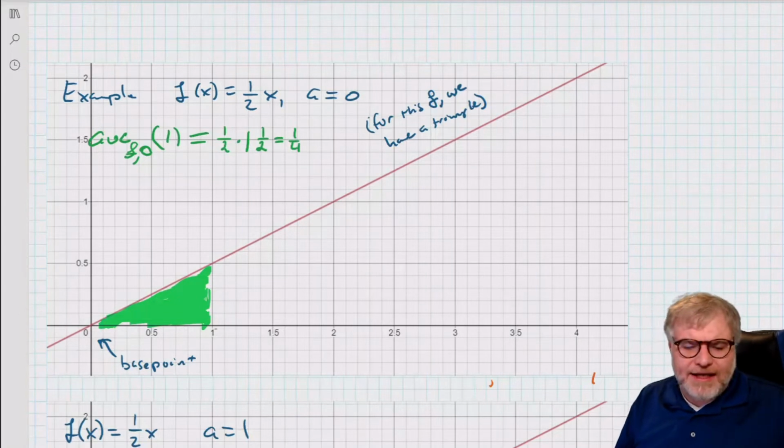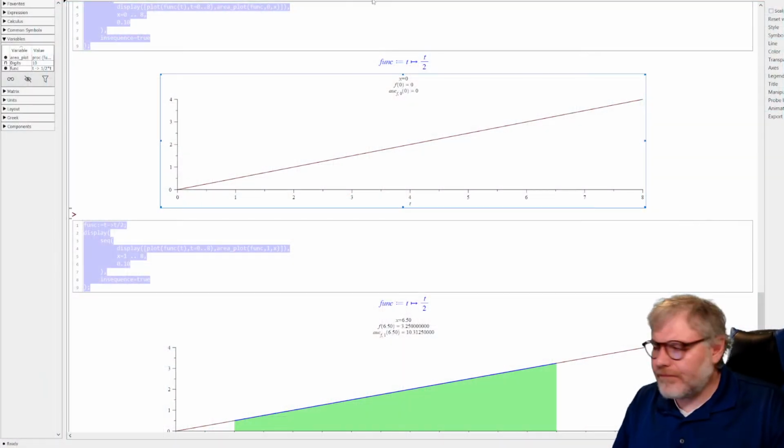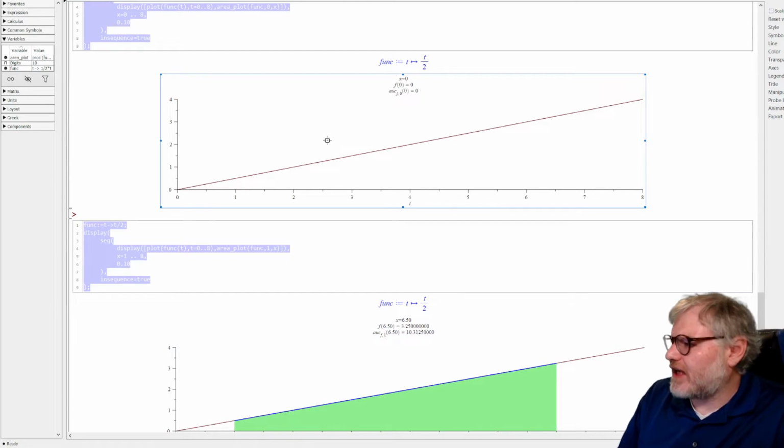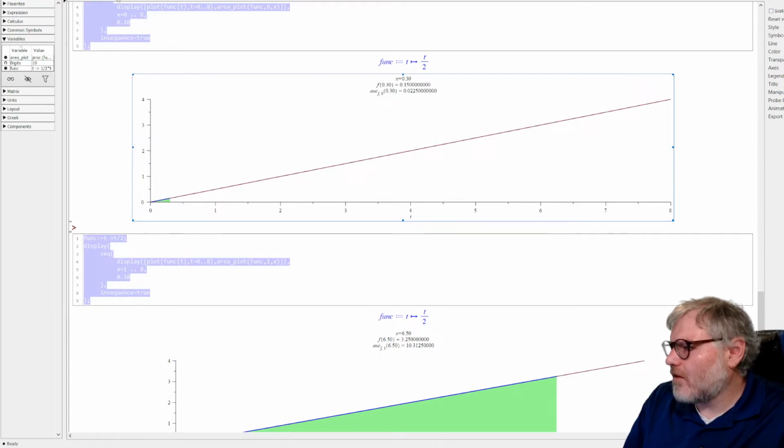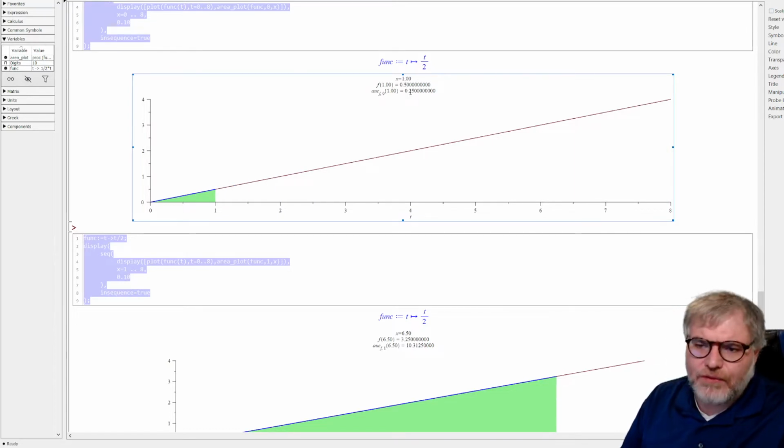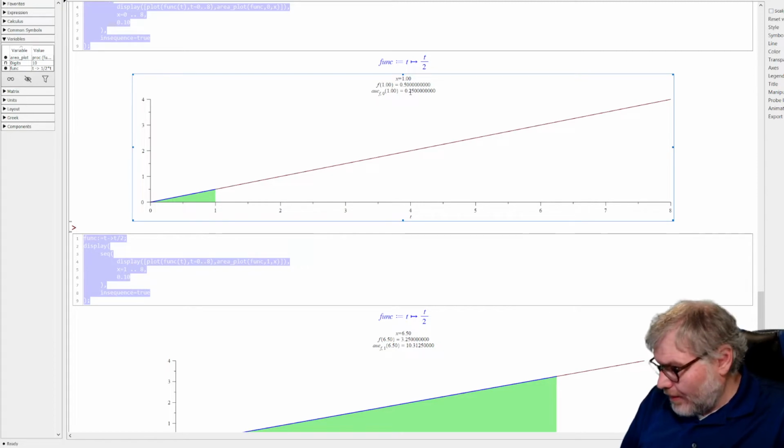And if I look at my animation for that, here's that function again. Let's hit play here. As you can see, when I get to 1, I've accumulated 1/4 worth of area.